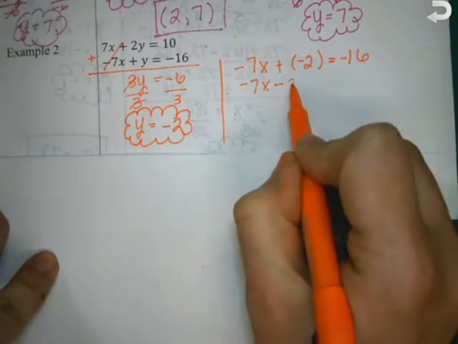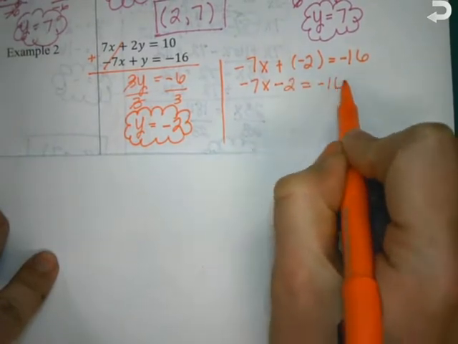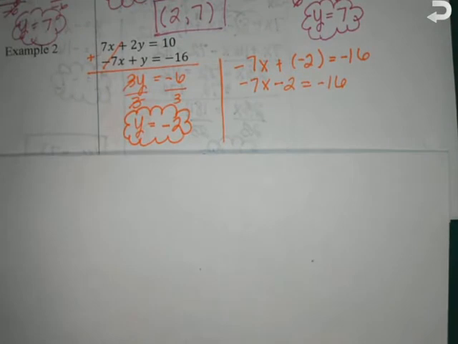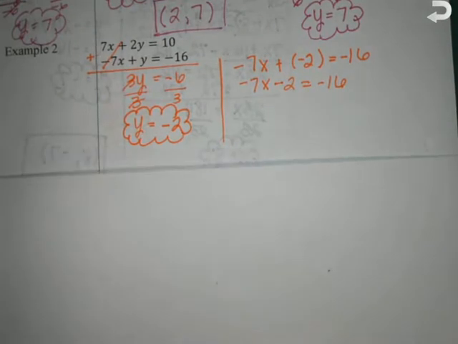Okay, so Justin, what's my next step? Yeah, we did the second equation. I have negative 7x minus 2 equals negative 16. What do I do next?